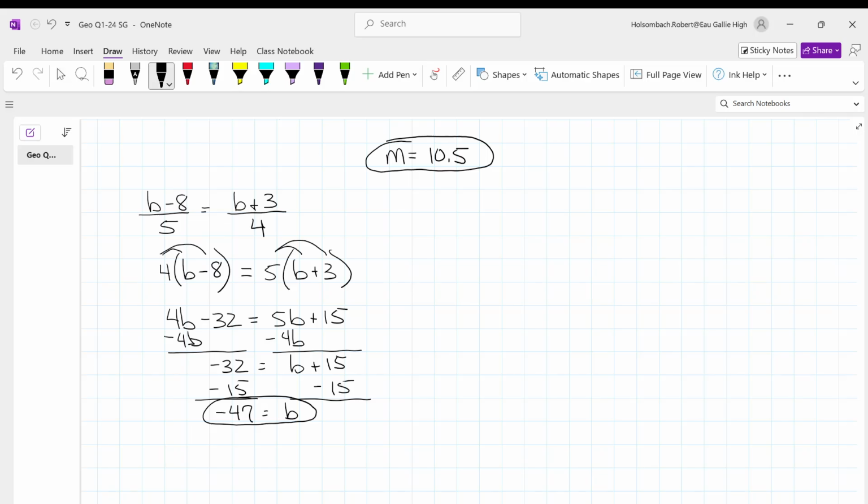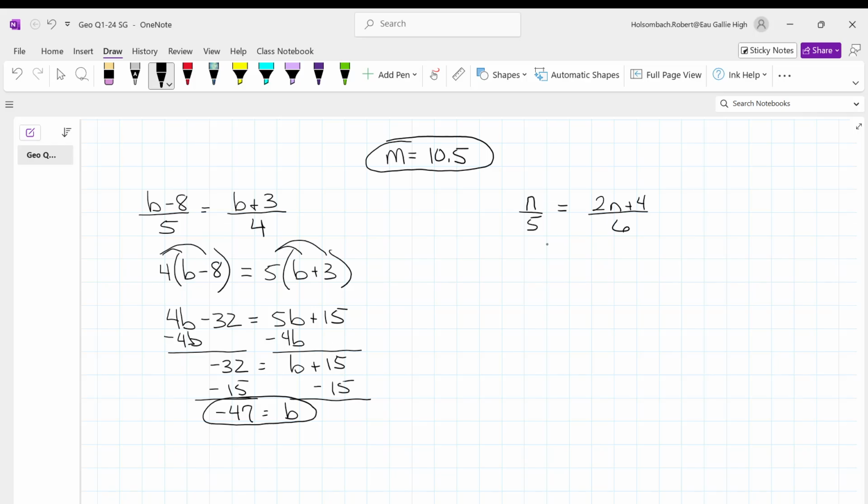And then one more example, let's look at n over 5. And n over 5 is equal to 2n plus 4 over 6. So again, we're going to crisscross multiply.